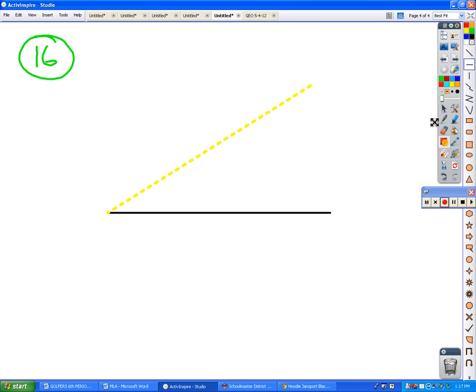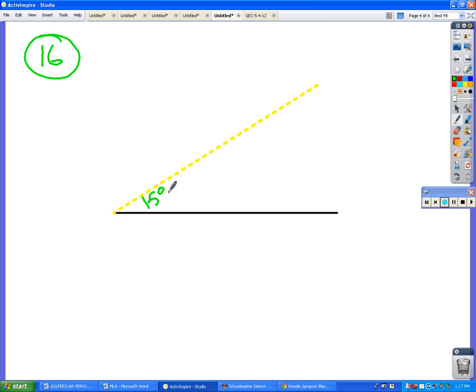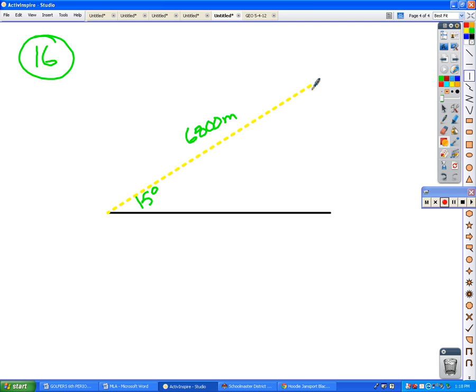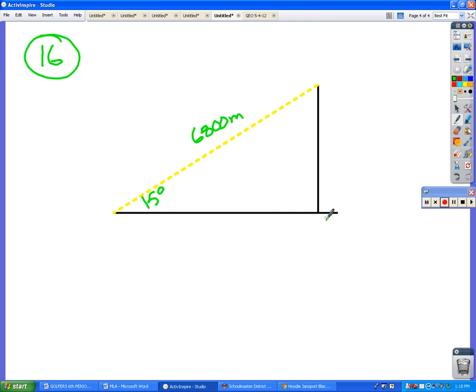So this is 15 degrees above the horizontal. And the distance to the helicopter is 6,800 meters. And then the package, of course, is going to come straight down and land right here.